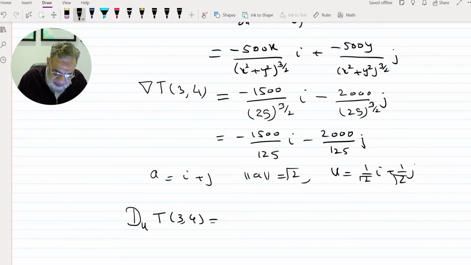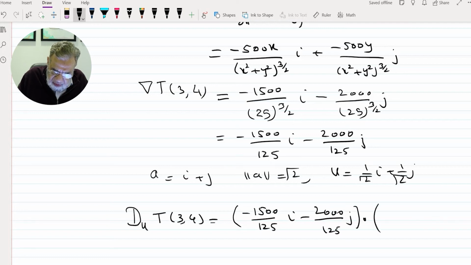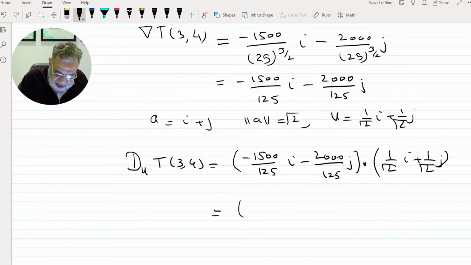My gradient is minus 1500 over 125 i minus 2000 over 125 j, dot product with 1 upon root 2 i plus 1 upon root 2 j, which is equal to minus 12 i minus 16 j, dot product with 1 upon root 2 i plus 1 upon root 2 j.